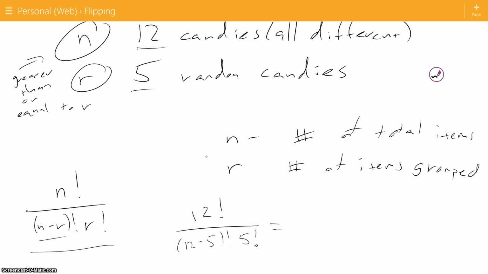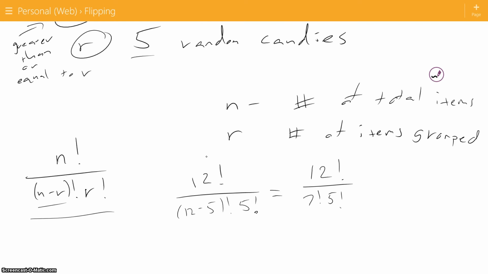And we can simplify this to be 12 factorial over 7 factorial times 5 factorial. Okay. So again, be careful when you are calculating this. You can do these individually, multiply them by each other, but our end result here should be 792.